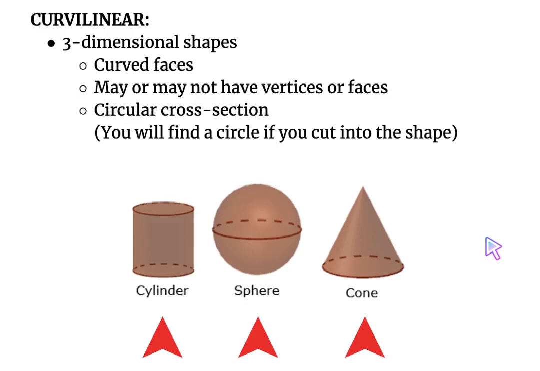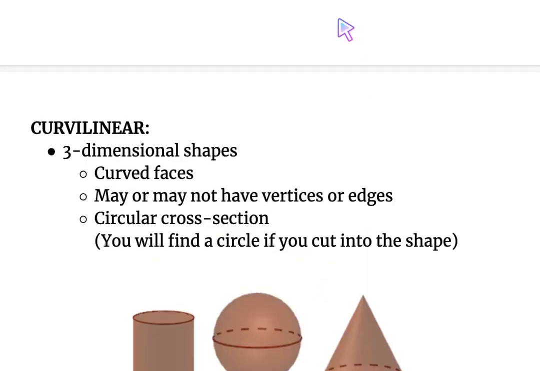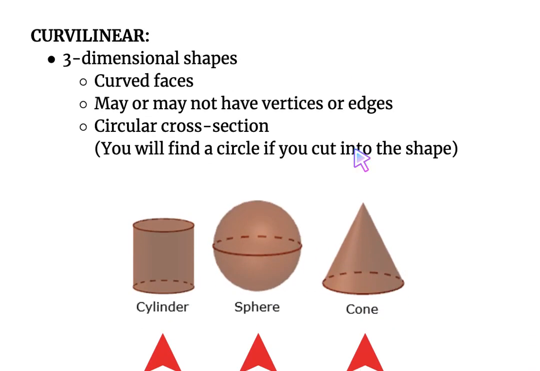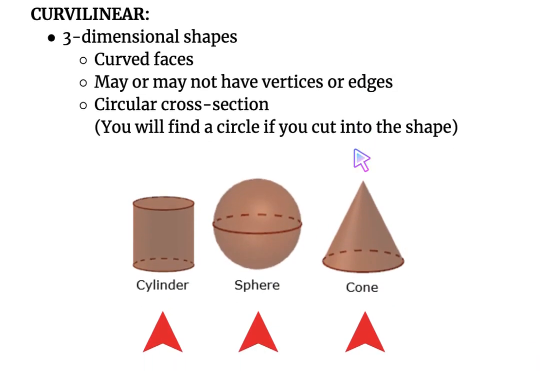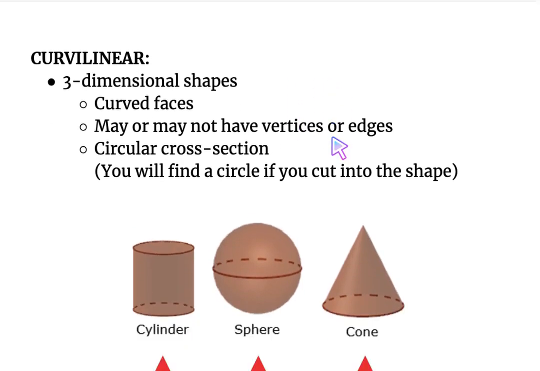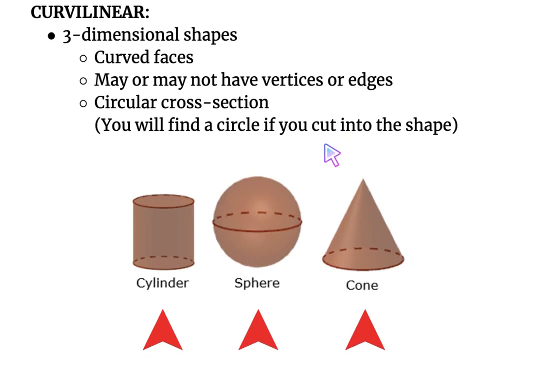And then they may or may not have vertices or faces. Or edges. So that was a typo there. They may or may not have vertices or edges. So if you notice the sphere, it doesn't have any edges.